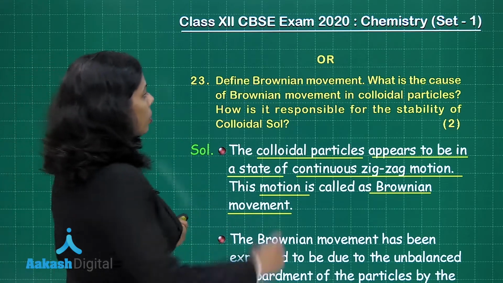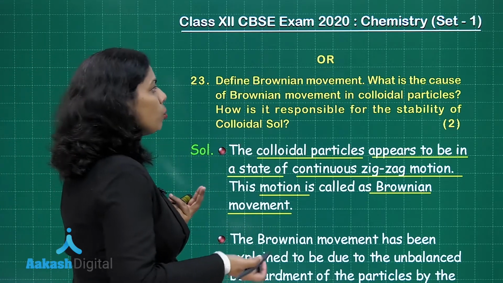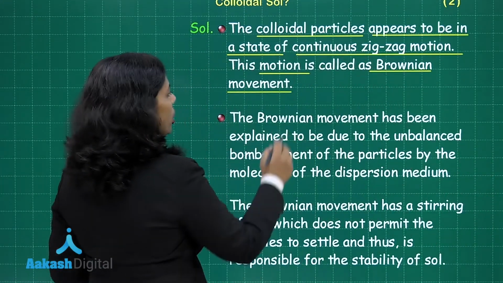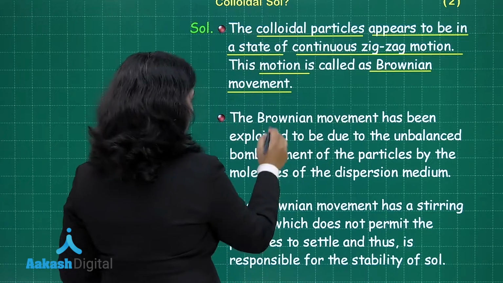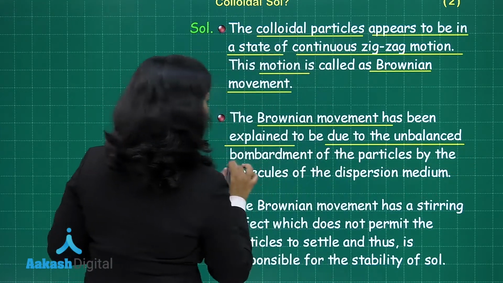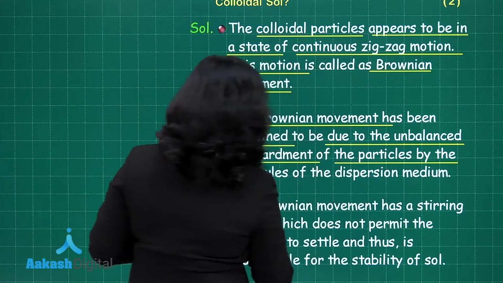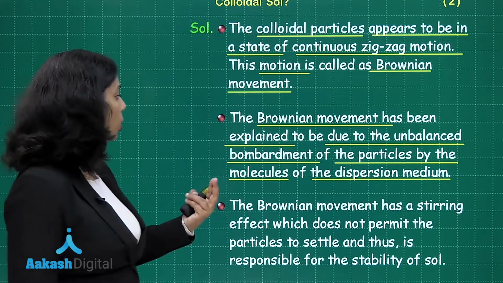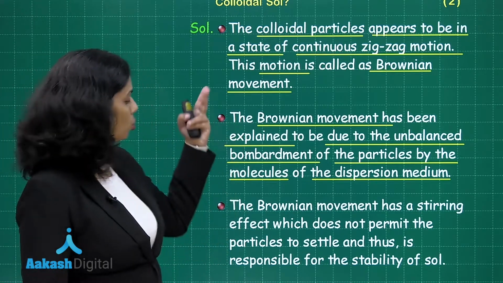Now, the next part: what is the cause of the Brownian movement in colloidal particles? You can simply mention that Brownian movement is explained to be due to the unbalanced bombardment of the particles by the molecules of the dispersion medium. So this is unbalanced bombardment of colloidal particles. 2 parts we have done.